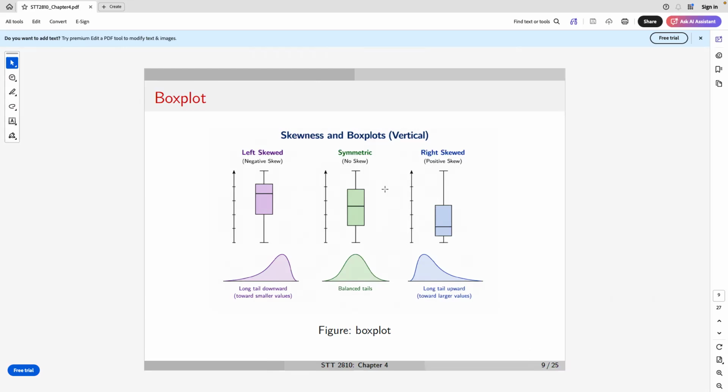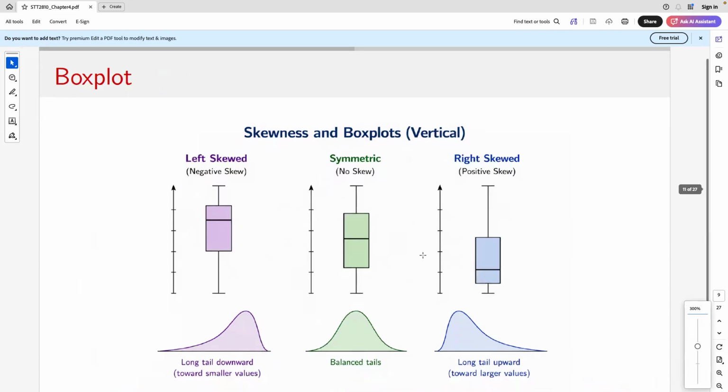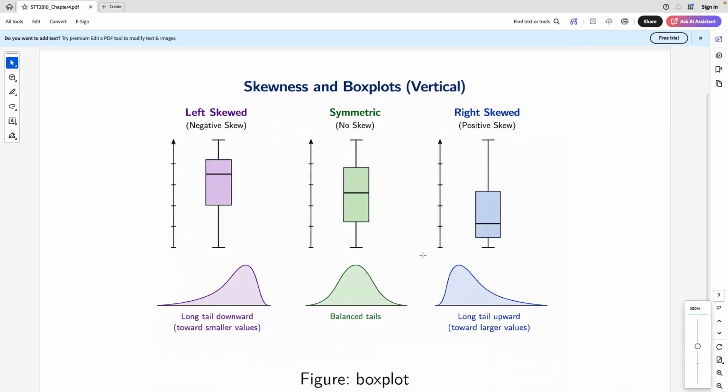First and foremost, let's look at the symmetric box plot. For the symmetric, the first thing to see is that the median line is in the middle. Is that okay?